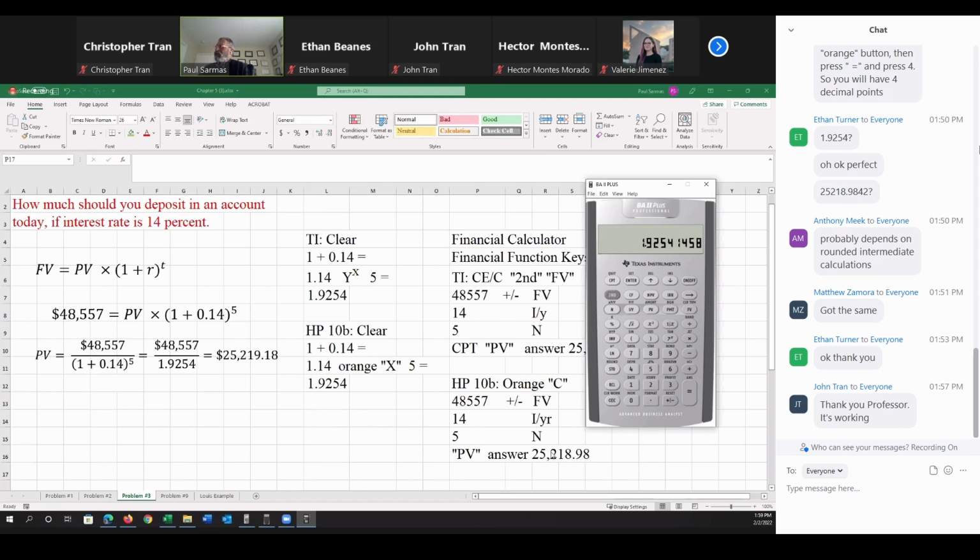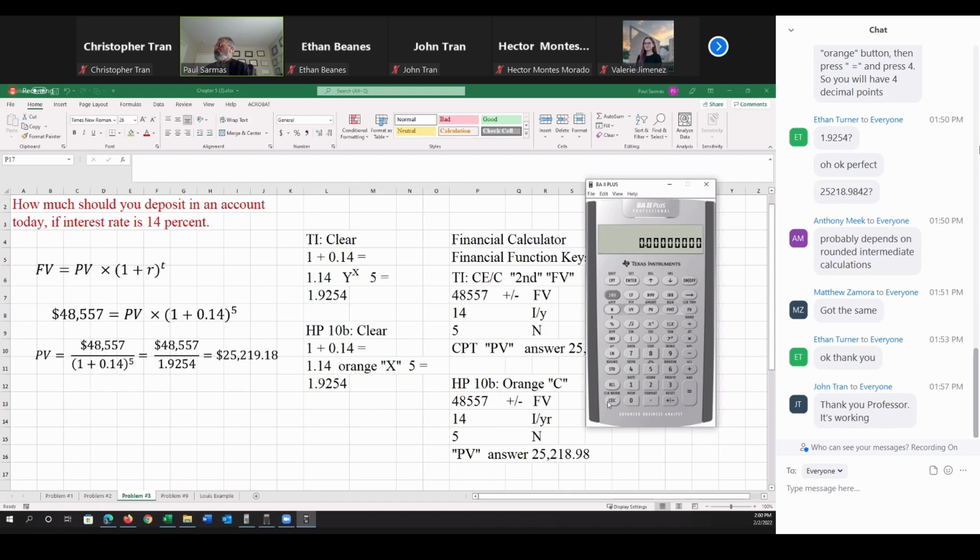The difference between 25,198 and 25,219 is that this number, when I entered it into the calculator, was rounded to 4 decimal points. When you expand it and keep the number at 8 decimal points, you can see the final answer is very close to what the calculator functions did. My suggestion is, I don't want you to change the decimal points.